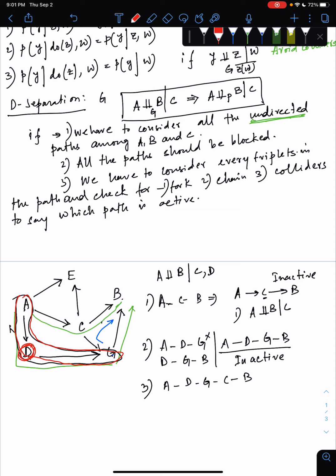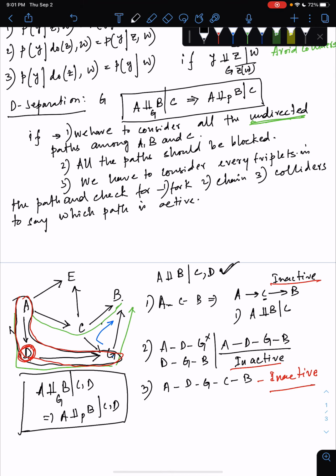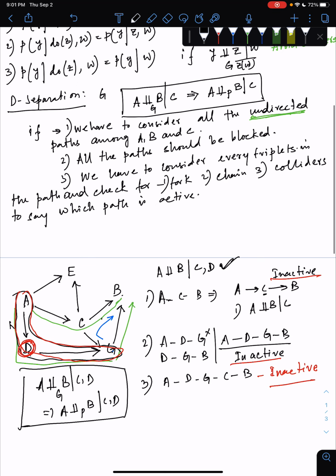If we have one inactive path, information won't flow from A to B. So all three paths are inactive, which makes this condition hold true. We can say A and B are d-separated in the graph given C and D, which means A and B are independent in distribution given C and D. So this is what d-separation is.